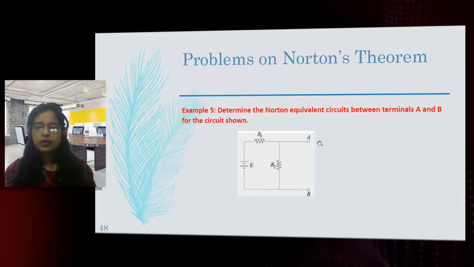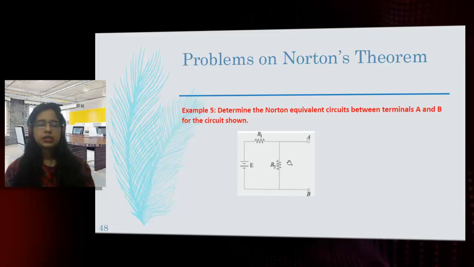Now when it is short circuited, current will flow in the circuit, and at this point there are two branches, so that current will be divided into two. Some current will flow from here, some current will flow from here.